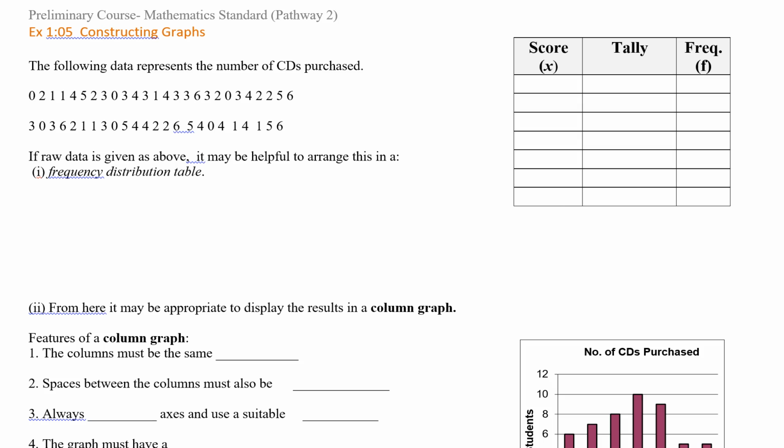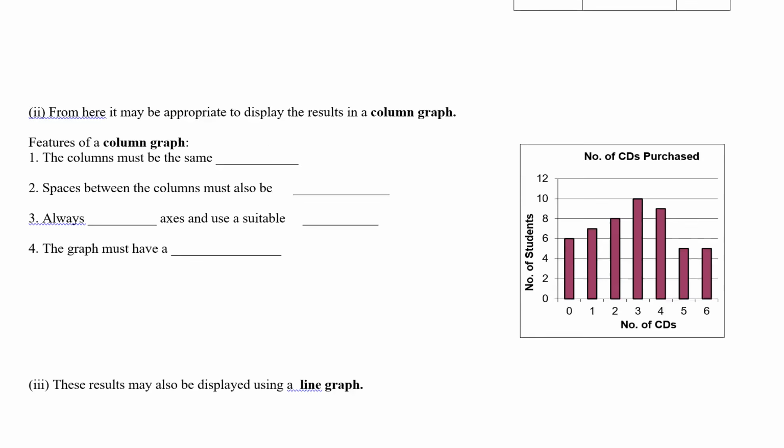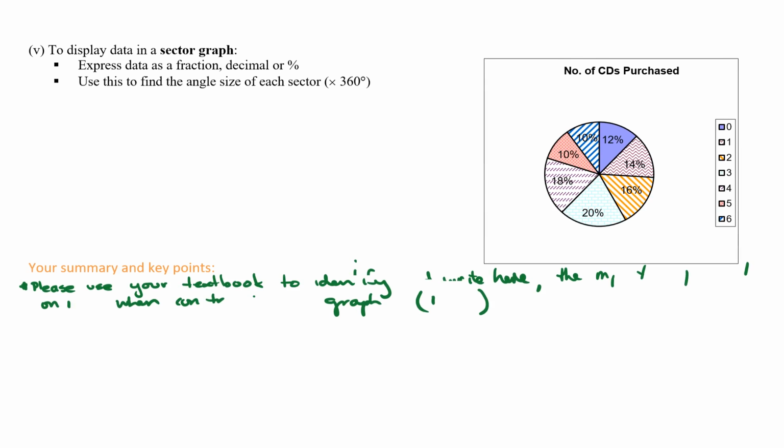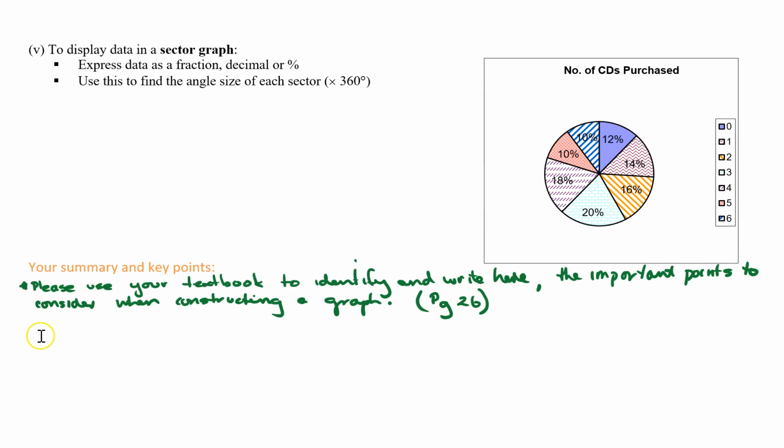You will notice that I have asked you here towards the end in your summary and your key points to use your textbook to identify the important points when considering constructing a graph. So we're going to cover quite a few graphs.